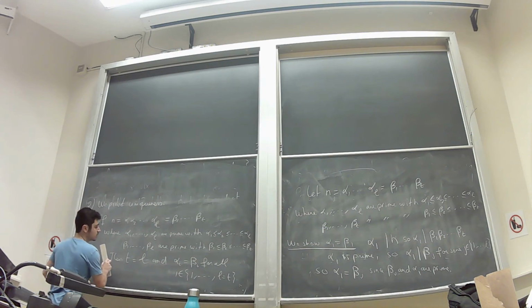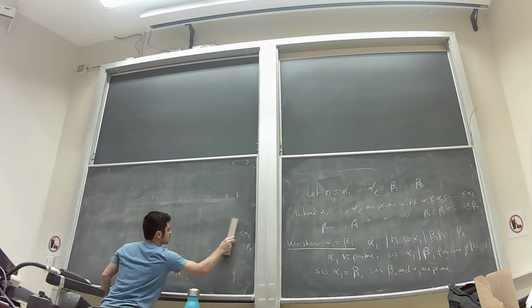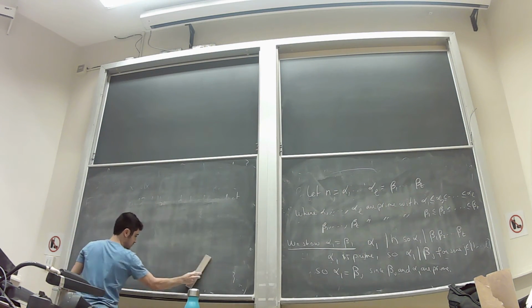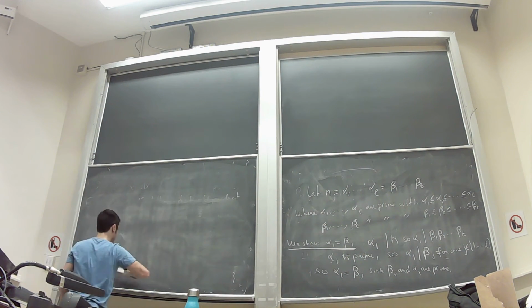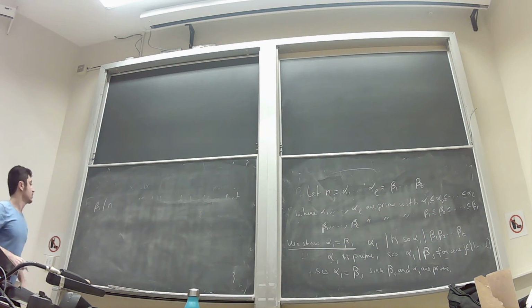Let's repeat the same argument with the betas. Beta 1 divides n. Agree or not?